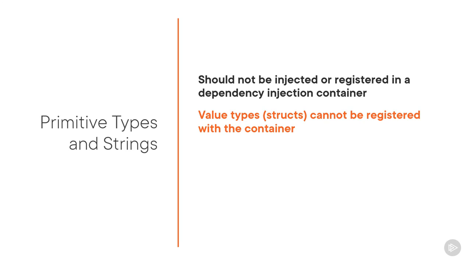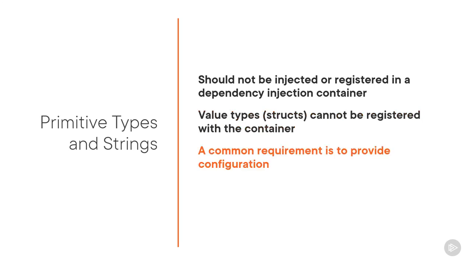Since strings are reference types, it is technically possible to register a string with the container by using the generic methods, but this really should be avoided. A common reason for requiring primitive types as parameters in the constructor is to provide configuration values. It is far better to use the ASP.NET Core configuration system with the strongly typed options pattern for these situations.